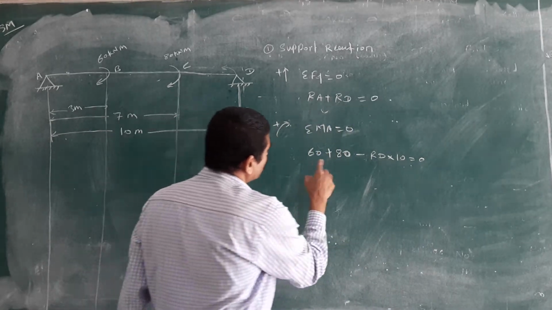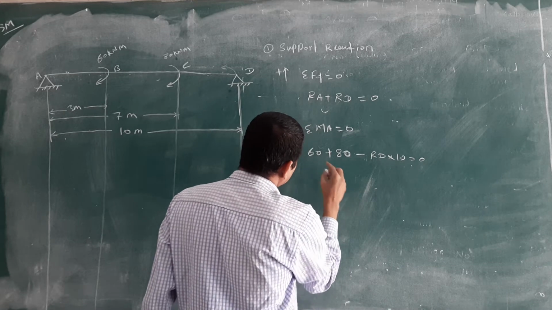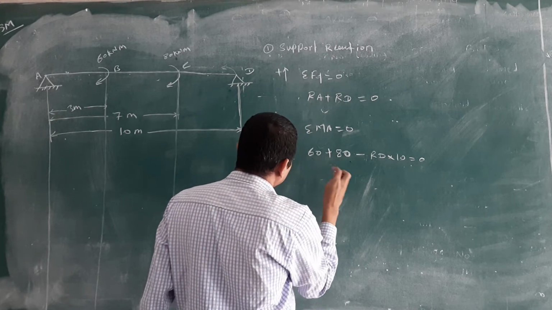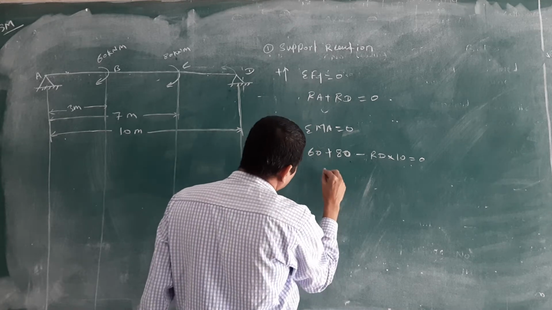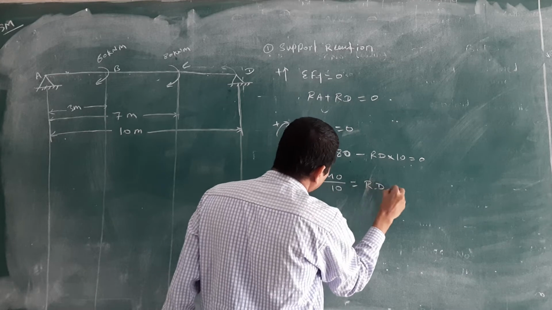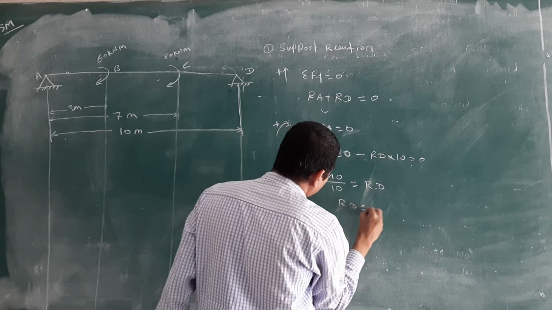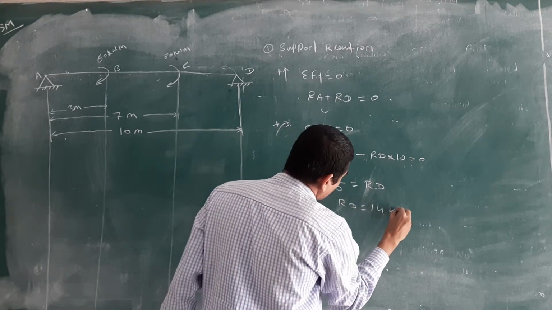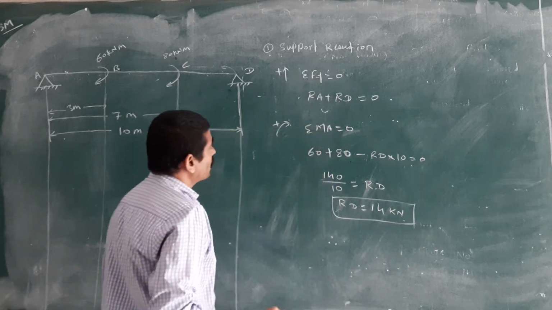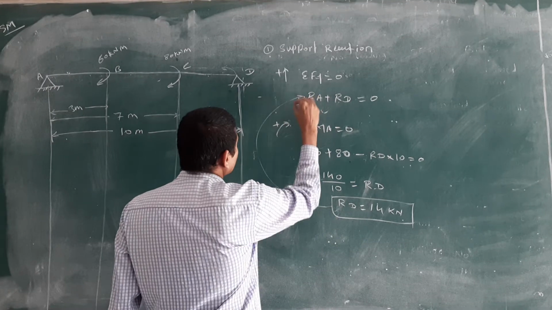Getting? Then check that this 60 plus 80, you will get 140 divided by 10 is equal to RD. Means you will get RD is equal to 14 kilonewton. Right?